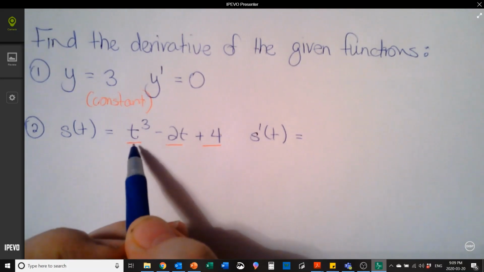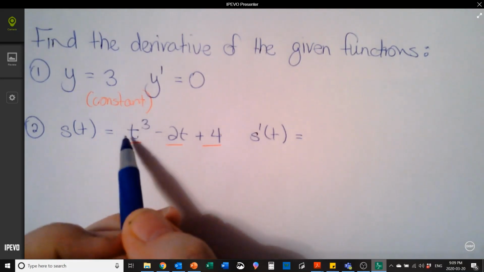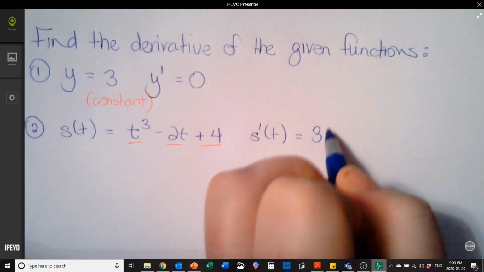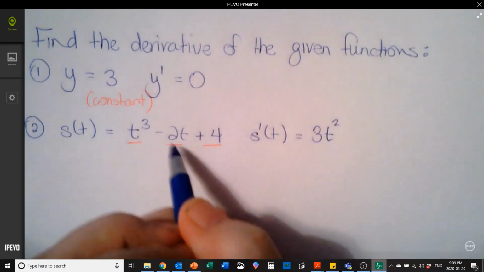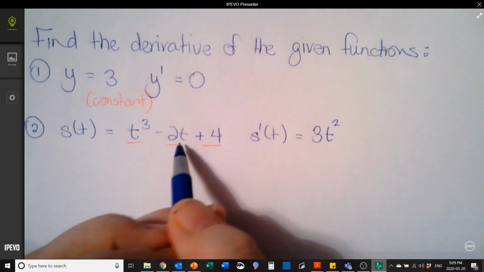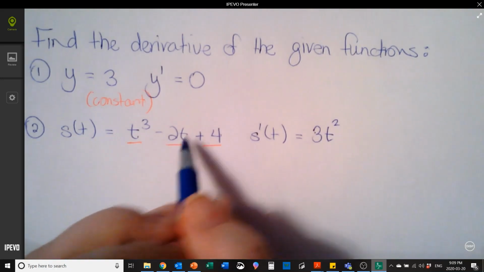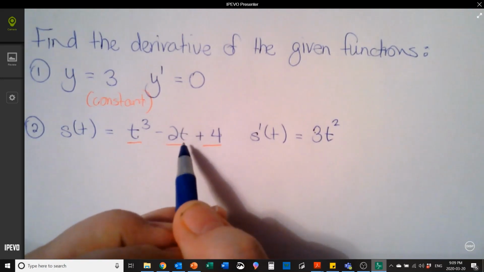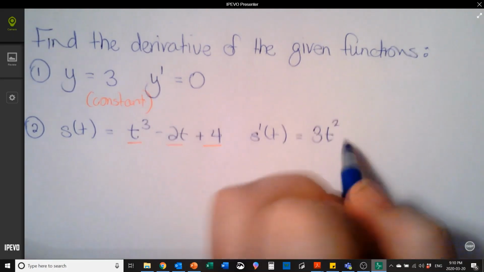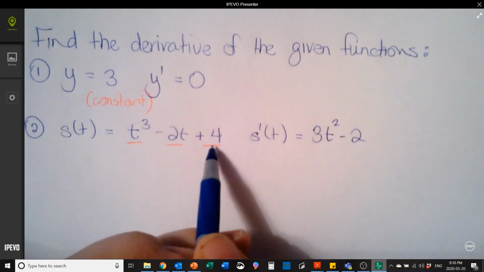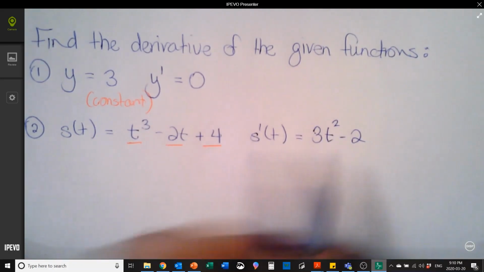So first piece, derivative: 3 comes down in front, multiplies with the 1, 3t, 3 minus 1 is 2. Derivative of minus 2t, well, this is the same as an x term. There's no power, so I know the derivative of a single exponent term is just the coefficient, so minus 2. And derivative of the constant is 0. So there's my derivative there.